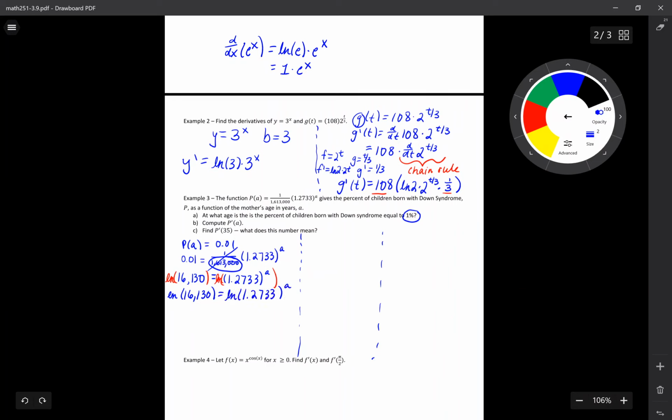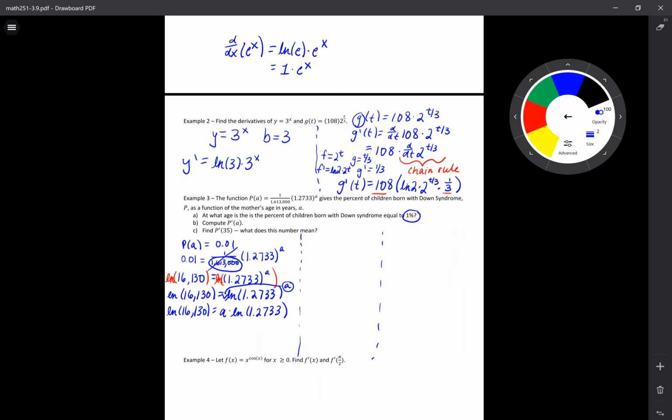But then according to my natural log rules, I can bring this a in the exponent down in front of the natural log. So I have the natural log of 16,130 is equal to a times the natural log of 1.2733.